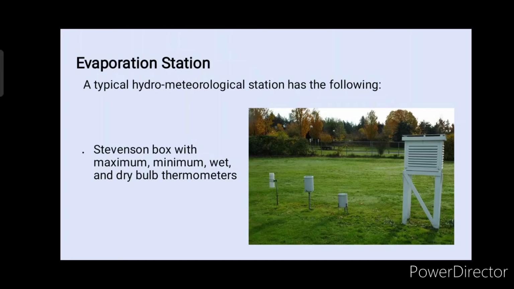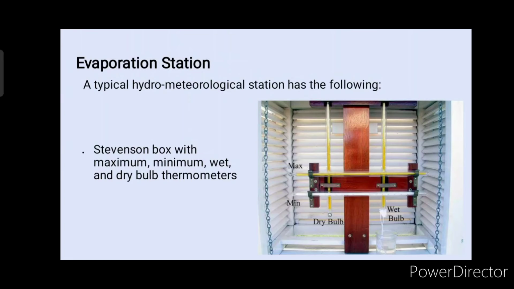Its louvered construction, as you can see, allows the free flow of air over the thermometer bulbs. Inside this we have the maximum thermometer at the top, minimum, then dry bulbs and wet bulbs.